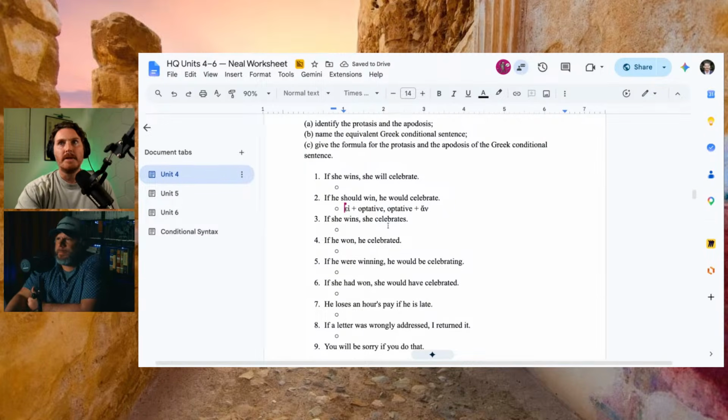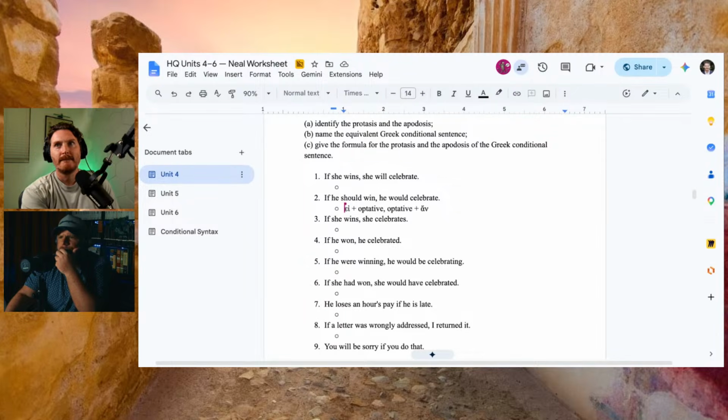Okay. All right. If she wins. That's obviously the protasis. And then she celebrates is the apodosis. So this is kind of saying if she wins every weekend when she plays golf, she celebrates. She has a beer, right? So what are you going to see? What do you think this feels like to you?